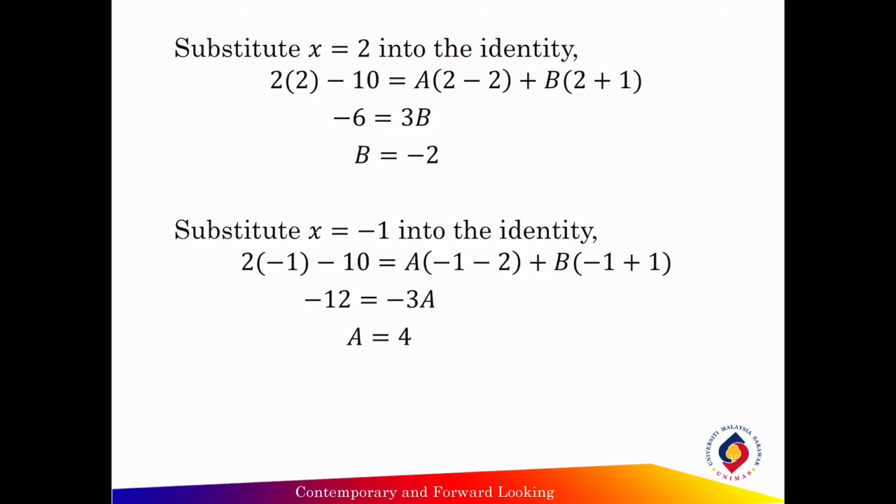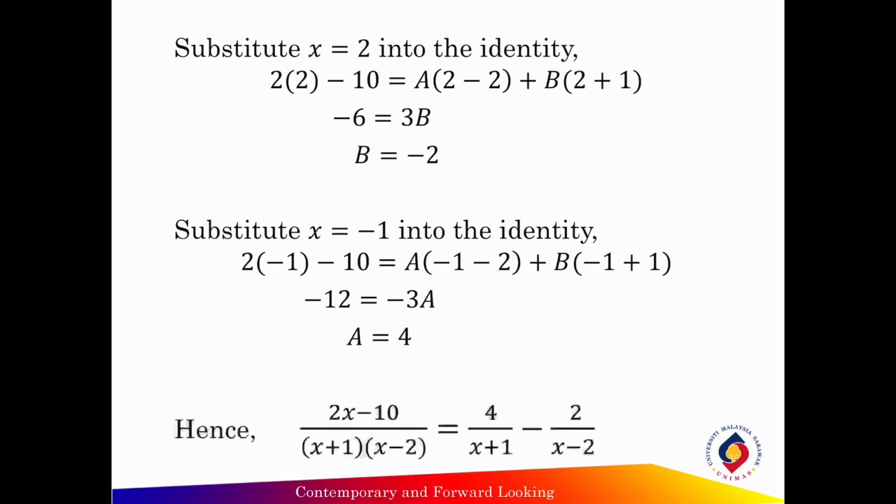So just by using the first technique, we can get both values. Okay, so we don't have to use the second technique, and then we go to the last step, and that is our final answer. Hence (2x minus 10) over (x plus 1)(x minus 2) is equal to 4 over (x plus 1) minus 2 over (x minus 2). So that is our answer.